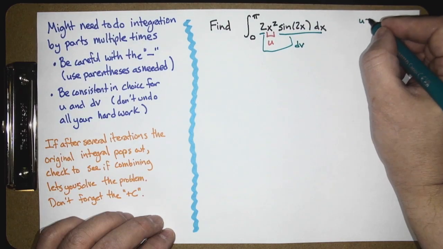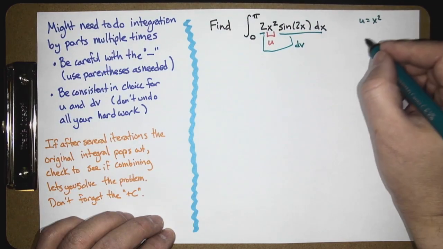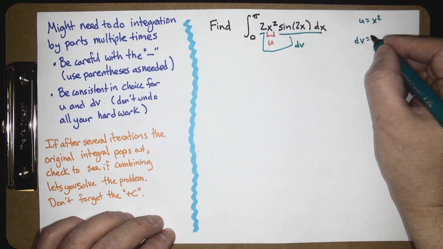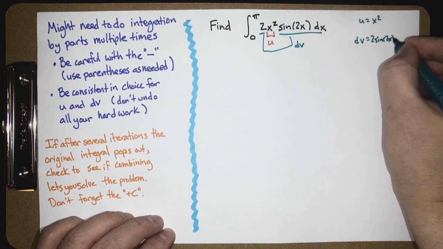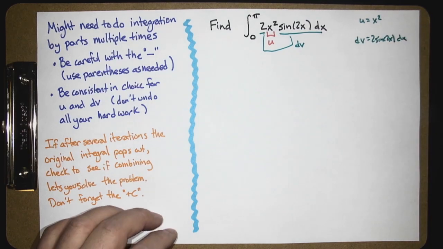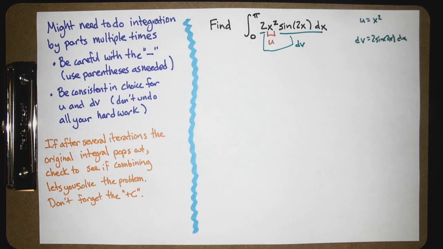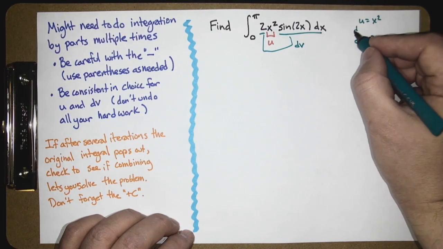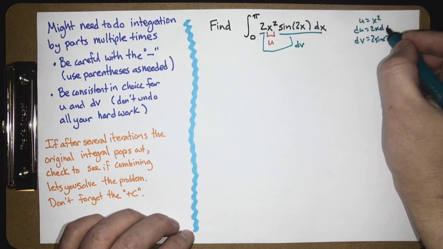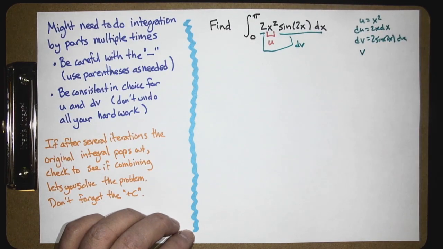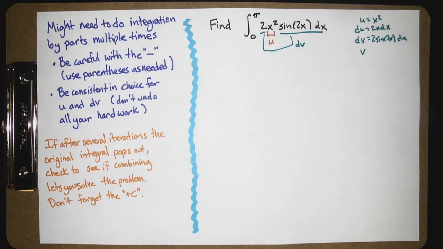All right, so we'll make some notes here. U is x squared. dv is 2 sine 2x dx. What's the derivative of x squared? 2x. What's the antiderivative of 2 sine 2x?